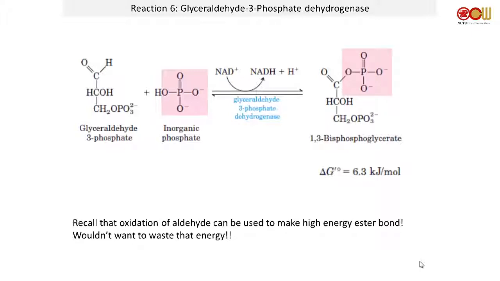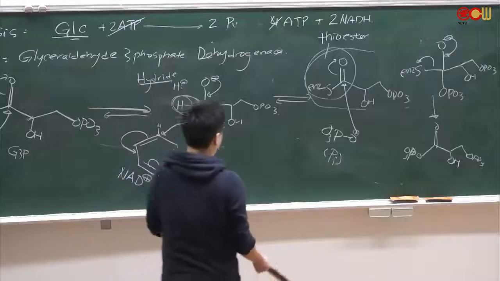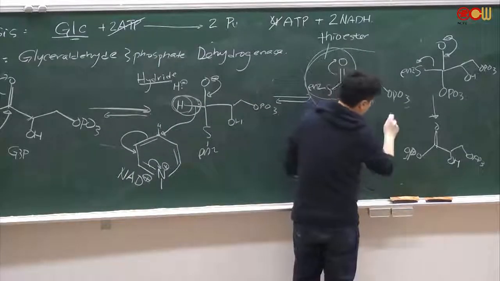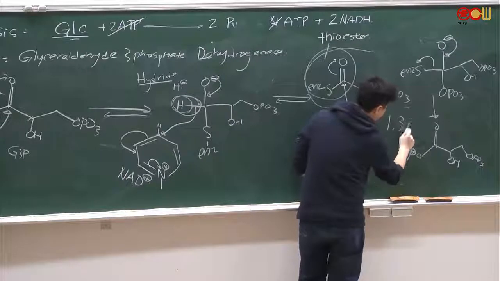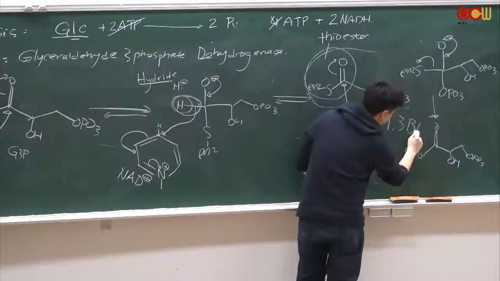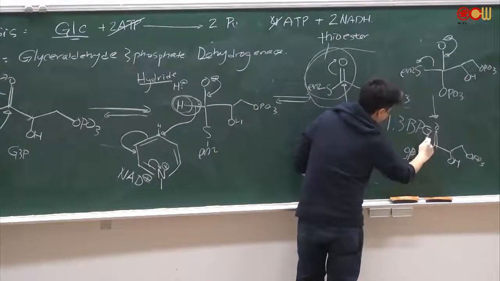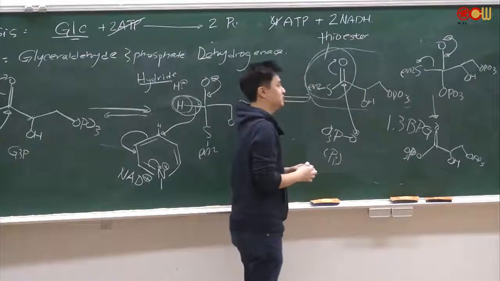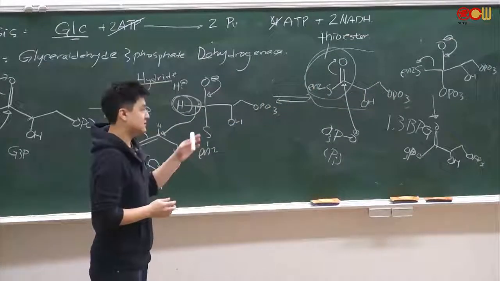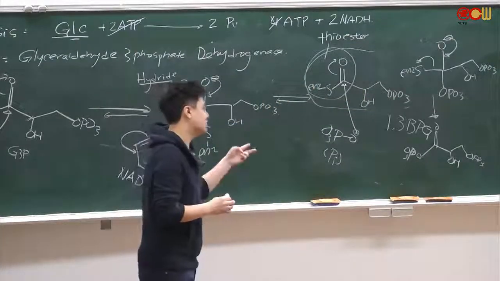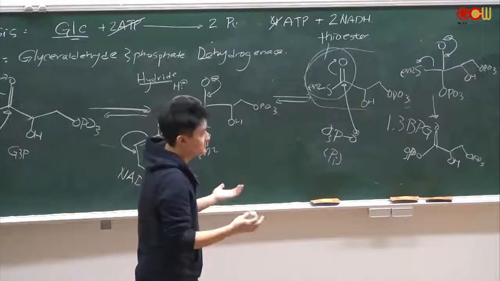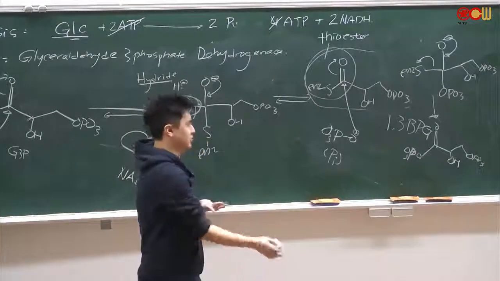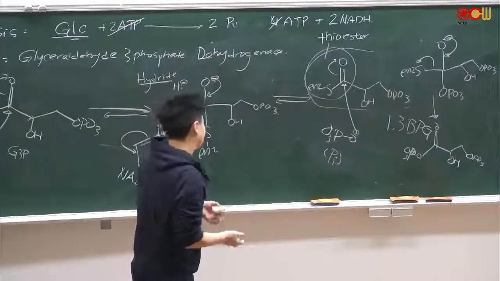In terms of the 1,3-BPG, 1,3-bisphosphoglycerate, it has many charges because there are 2 charges on each phosphate, so you have a total of 4 charges. It's not going to be very happy.